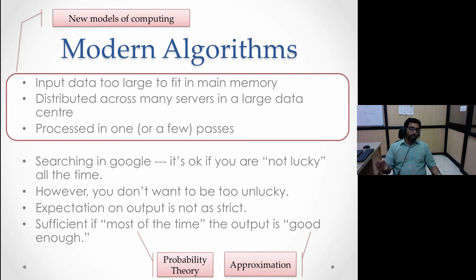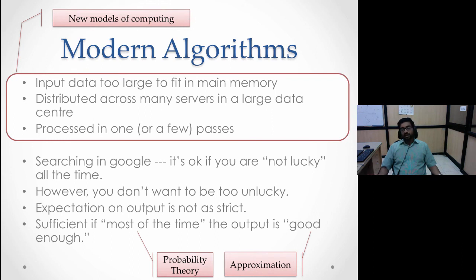There's therefore a lot of probability theory and approximation ideas that need to be incorporated into the algorithms. But just because the user expectation is a little bit less, it doesn't mean that you can completely lose control over the quality of the output. You still need to be careful to prove that with very good probability you get a very good answer.